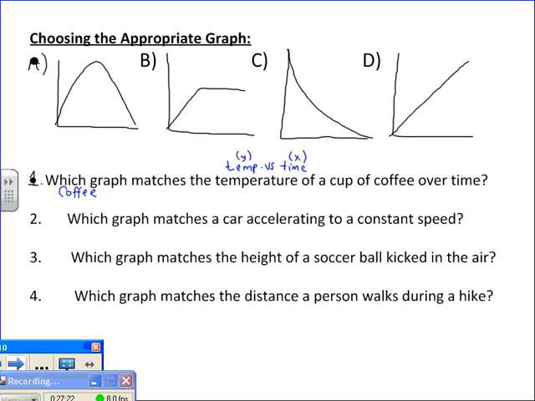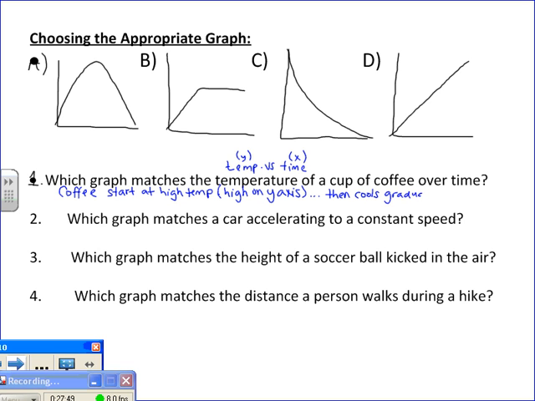Okay, so your coffee would start hot or start at a high temperature. So it would start off high on the y-axis. Then it would gradually cool.